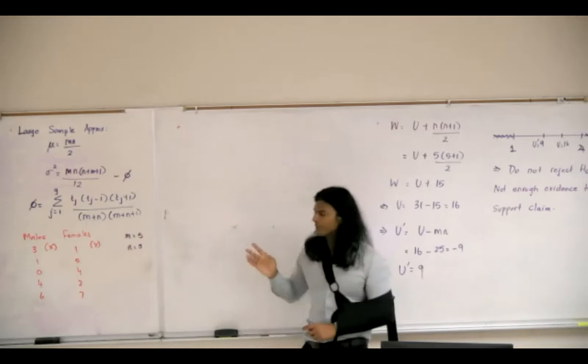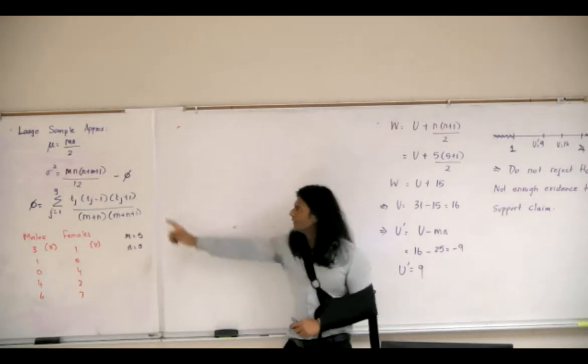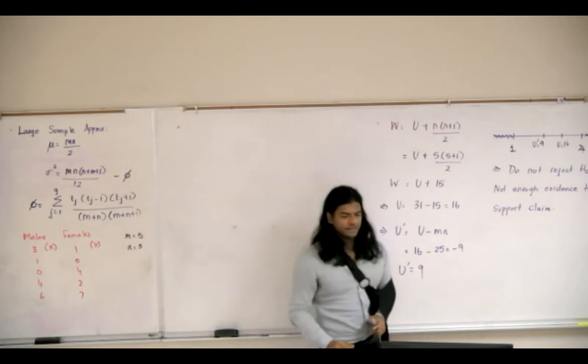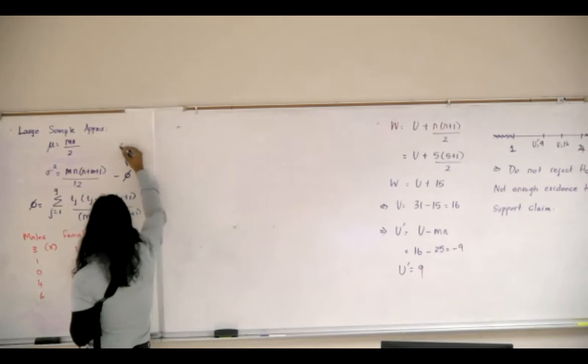So if we did not have any ties at all, we don't need that correction factor. That correction is required because we have ties.